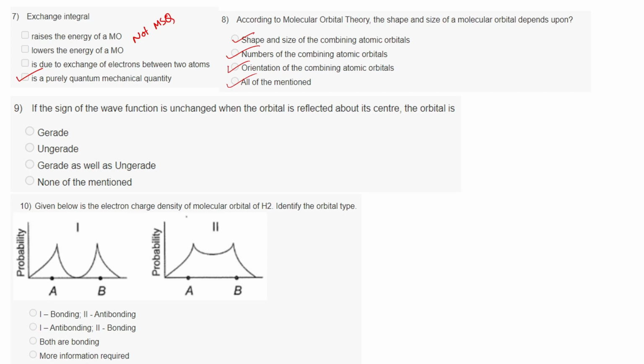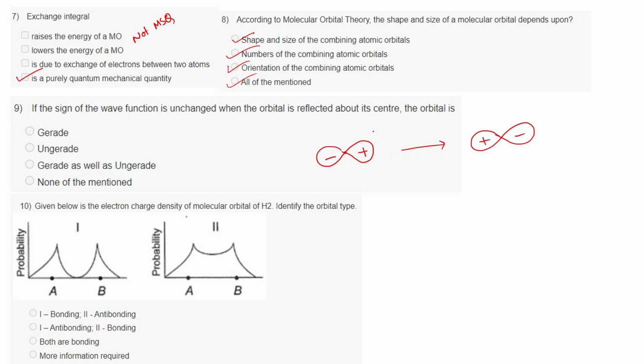Now question number 9 says: if the sign of the wave function is unchanged when the orbital is reflected about its center, then the orbital is... Can you answer this question? Suppose this is your p orbital again. Suppose it is reflected from its center, so it will convert to minus, plus, minus.